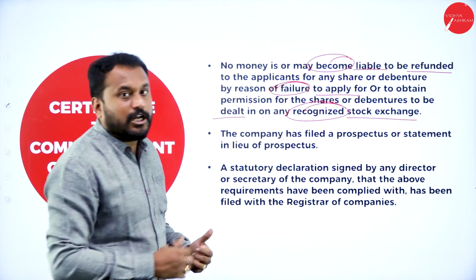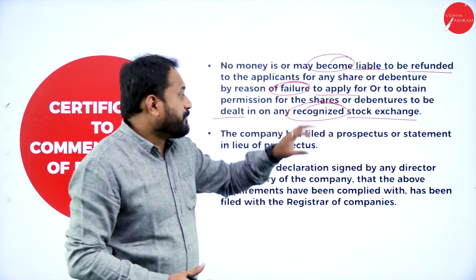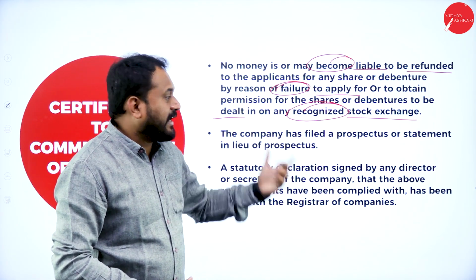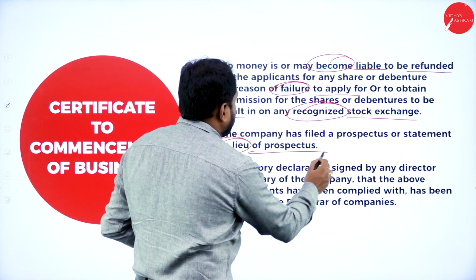So you are supposed to always register your company, and then you are supposed to go for a reputed and recognized stock exchange. The company has filed a prospectus or statement in lieu of prospectus.